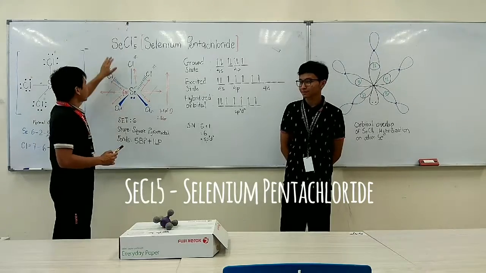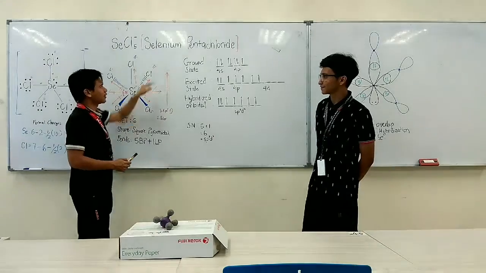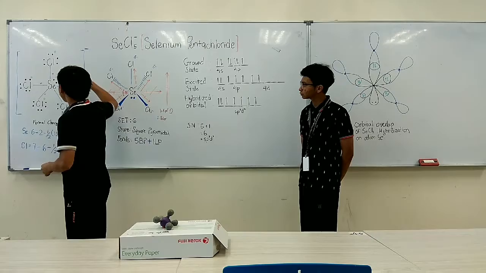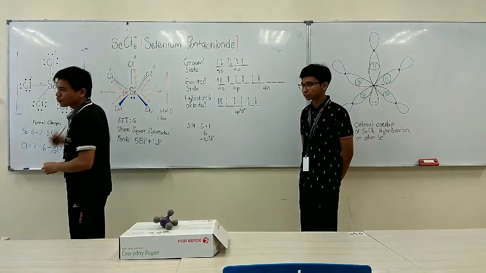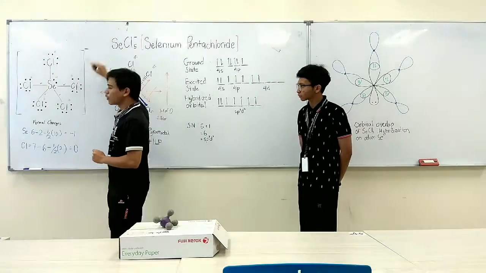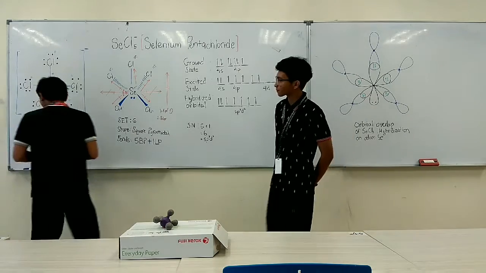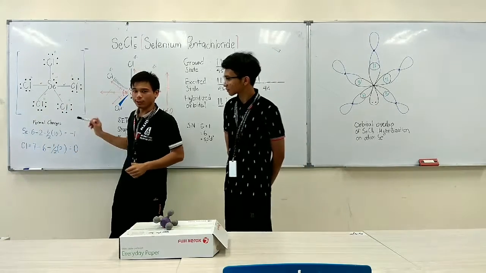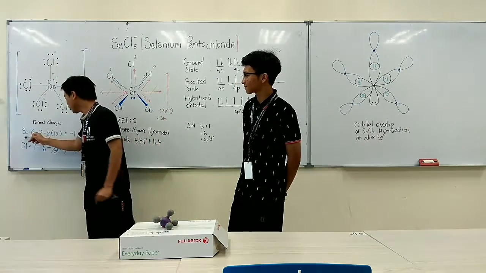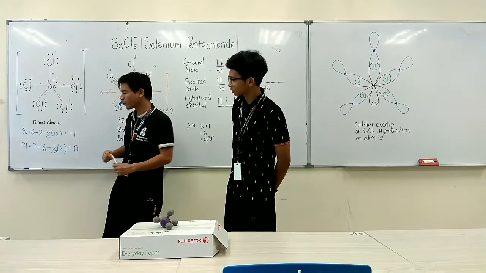Hi, we will explain about SeCl5-, which is the selenium pentachloride anion. This compound receives an electron from another element, which is why this compound has a negative charge of 1. When we calculate the formal charges for each atom in this compound, for Se, the selenium, you will get -1, and for the Cl, you get 0.